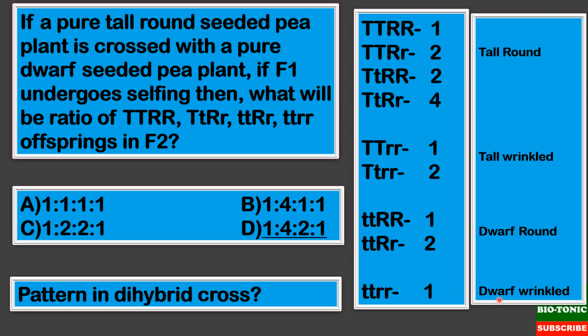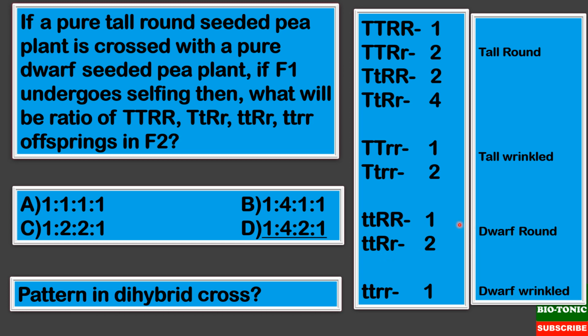We'll start with the last one. Students, we know that dwarf and wrinkled are both recessive characters. So you can immediately write down the genotype of this last offspring, small t small t small r small r. Now in the case of dwarf and round, dwarf is a recessive character, so you can immediately write down both genotypes as small t small t.